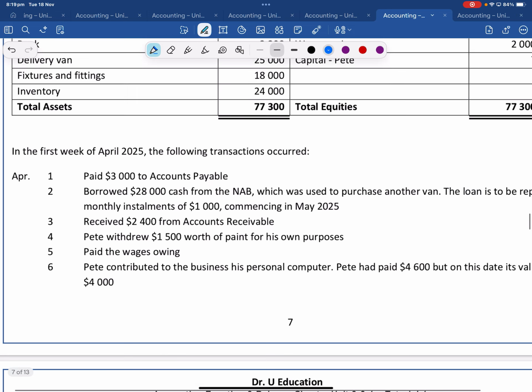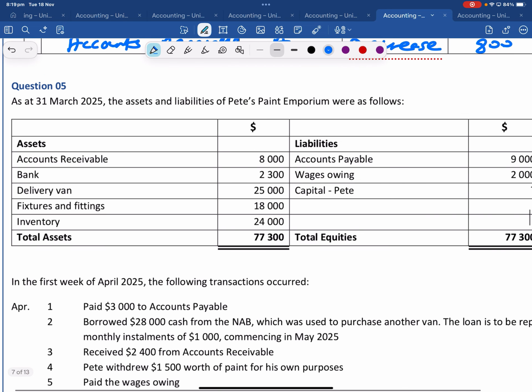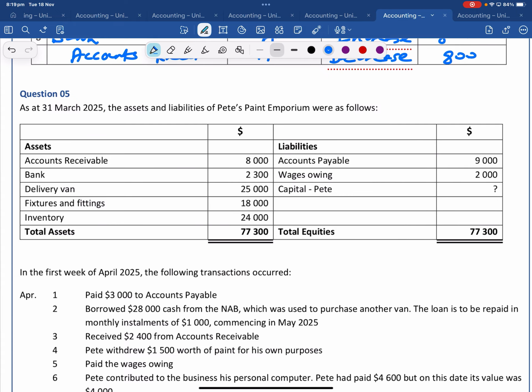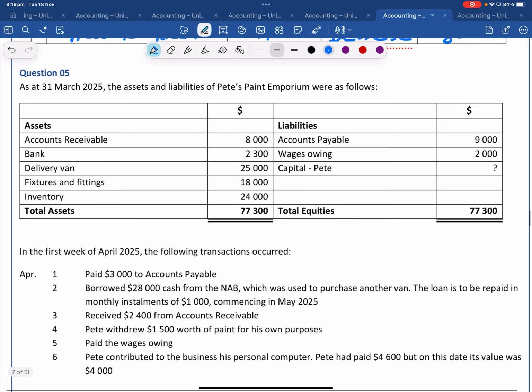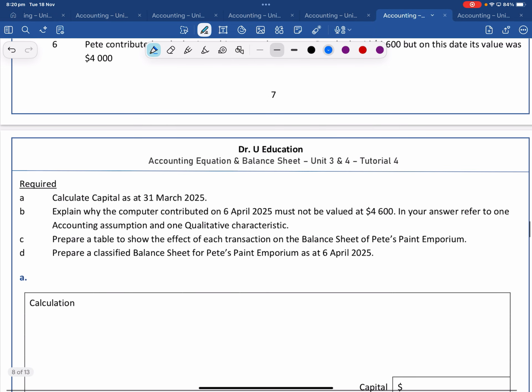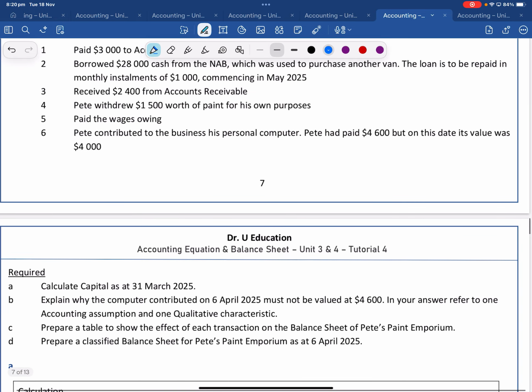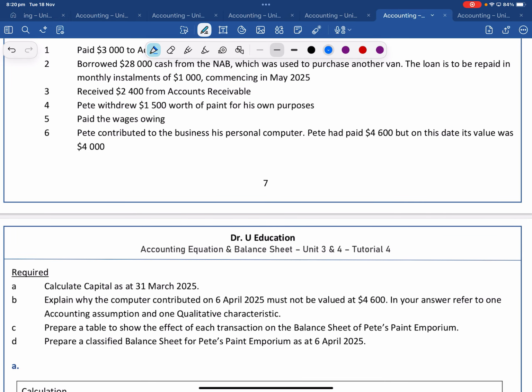Right. So capital. Do we have to calculate the capital here? Yes. Now we can't do the thing that I did in question number 2, because when preparing a capital we calculate the capital as at the beginning of the period. Here we are going to prepare the balance sheet as of 6th April, and they are asking us to calculate the capital as of 31st March.